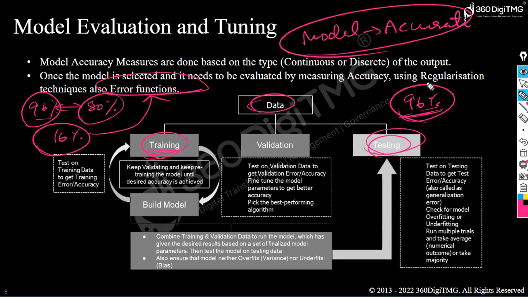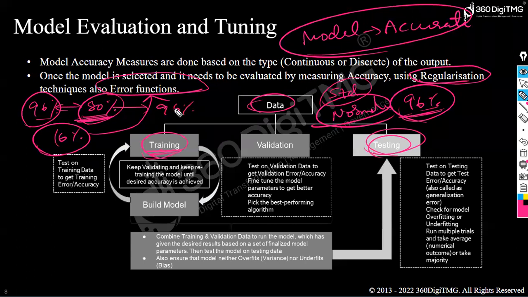So we use a regularization technique. We'll make it standardized. We'll make it normalized to get the trained data and the test data with some accuracy, and it increases with the accuracy. So this is what we refer to.